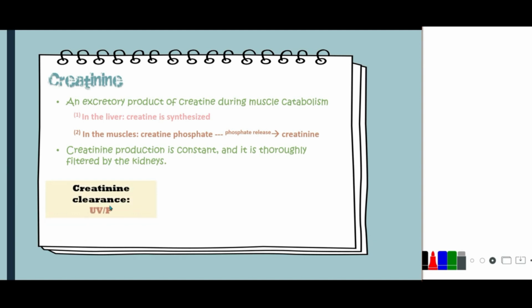So we have here the formula for creatinine clearance, that is UV over P. What does UV over P mean? It simply means that creatinine clearance is equivalent to urine creatinine, expressed in milligrams per dL, times urine volume expressed in milliliters per minute, over plasma creatinine expressed in milligrams per dL.